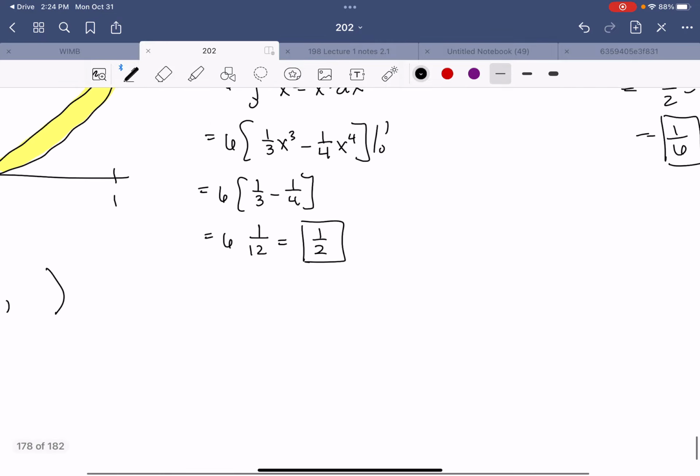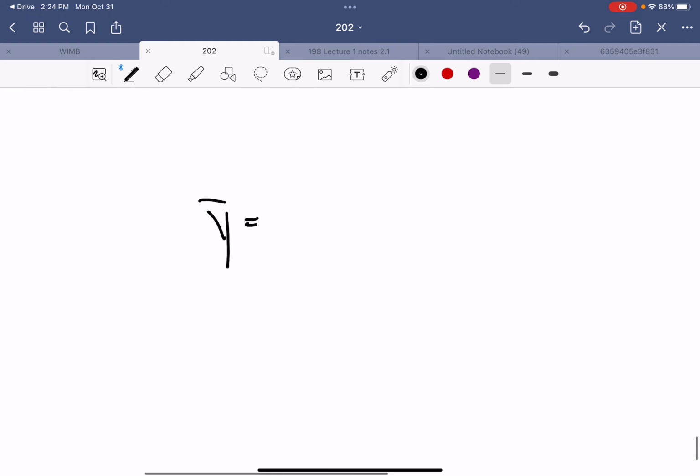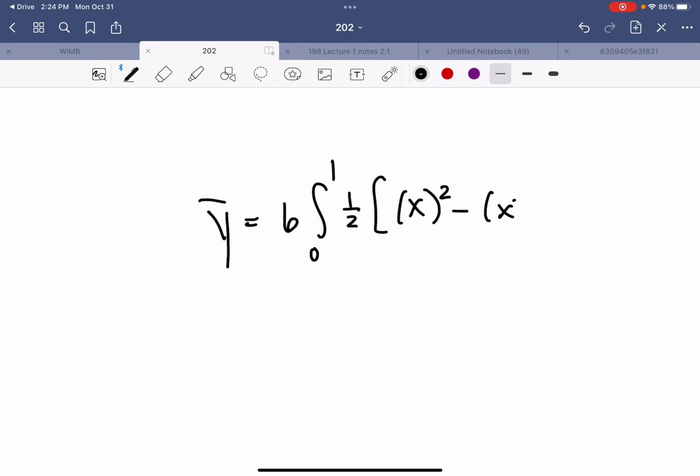Then for y bar, we're 1 over the area, so that's 1 over 1/6, which is 6, integral from 0 to 1. And this time I want a 1/2, which I can actually bring out front. But I want f of x squared. F of x is just x, so I want that squared, minus g of x, which is the x squared, squared.